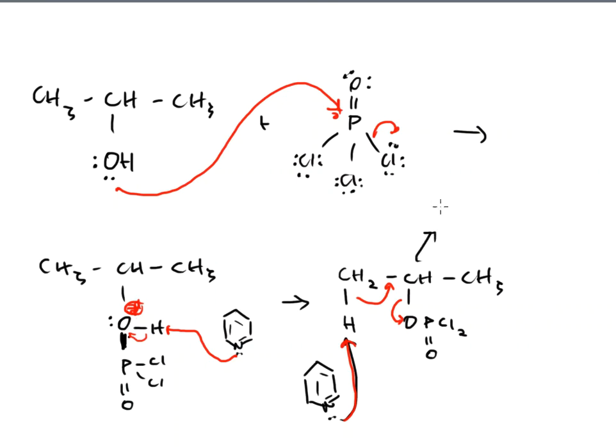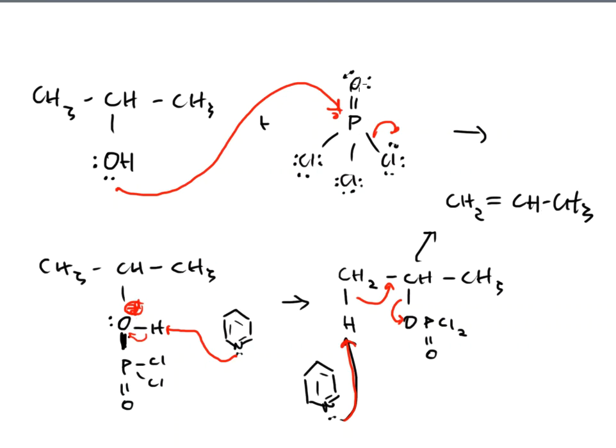And this is how we get our CH2 double bond CH3 as a product. That is the elimination reaction. We knew an elimination reaction was going to happen.